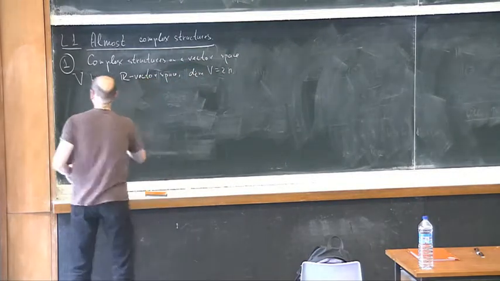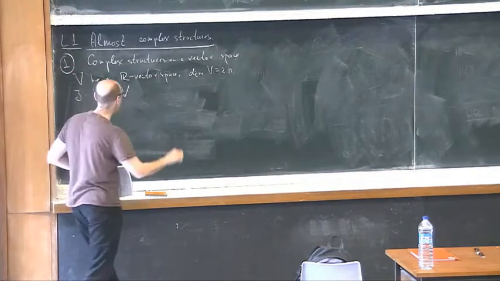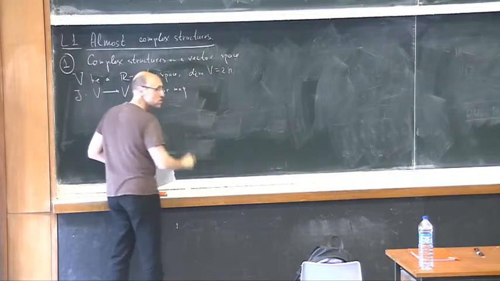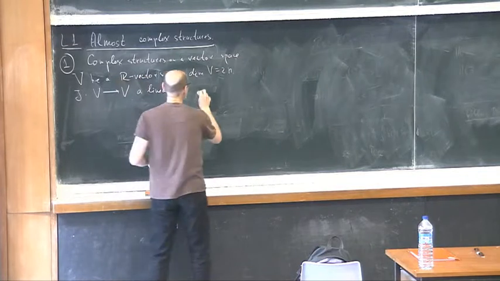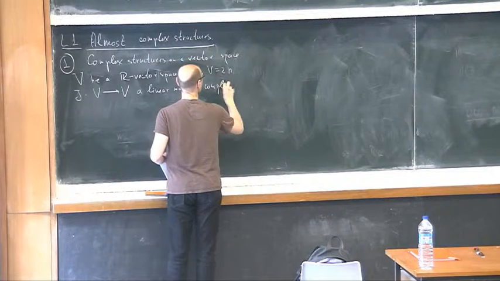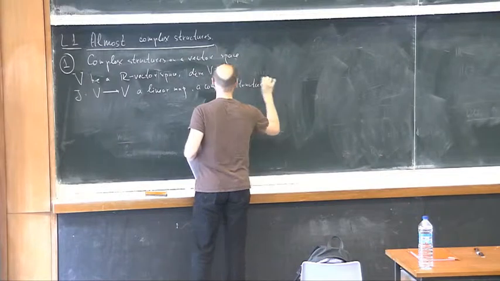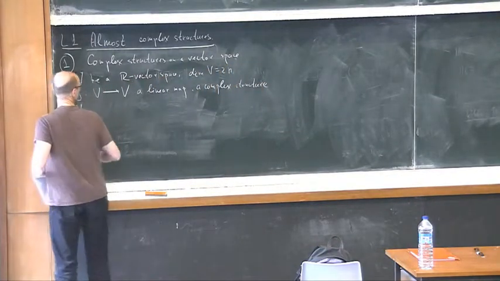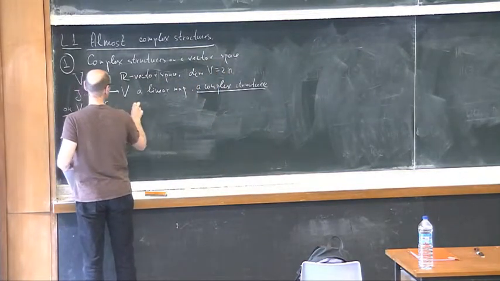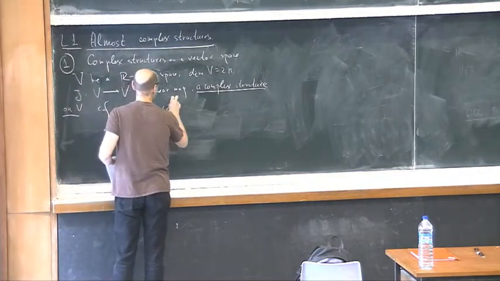A linear map J, V to V, so a linear map, is called a complex structure on V if simply it satisfies this condition, J square is equal to negative identity.